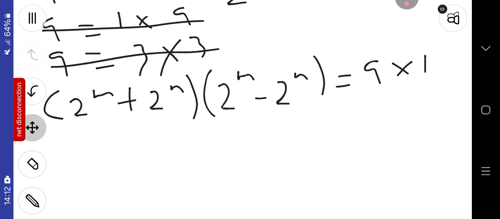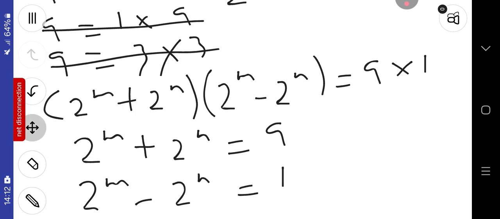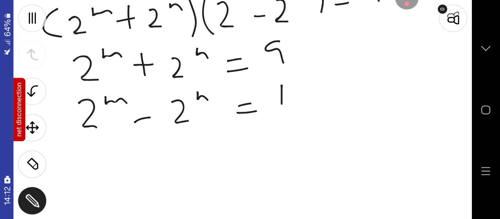So we are going to have 2 exponent m plus 2 exponent n is equal to 9, and 2 exponent m minus 2 exponent n is equal to 1. Now let's add the equations. Let's call this equation 1 and this equation 2.